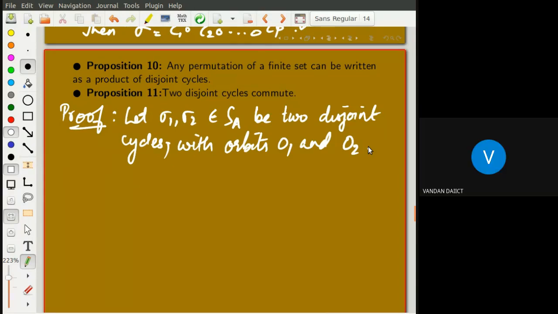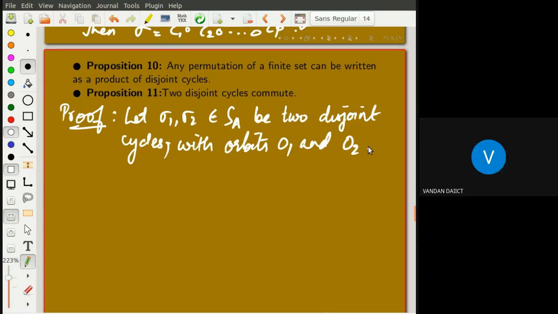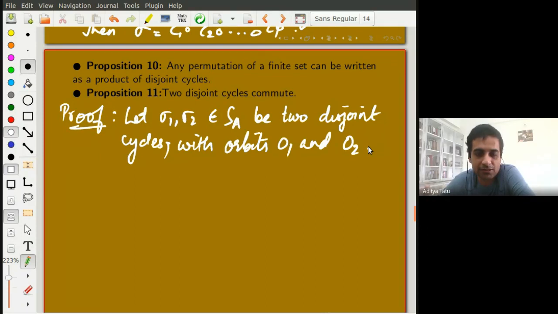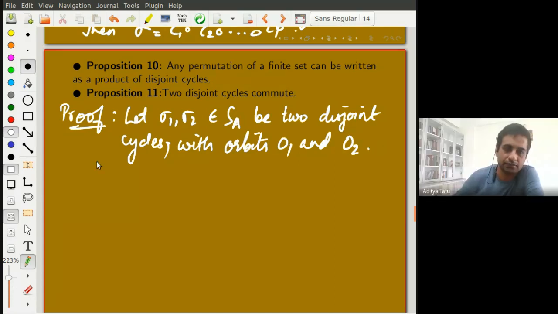Sigma 1, sigma 2 are permutations, okay? They are not sets.